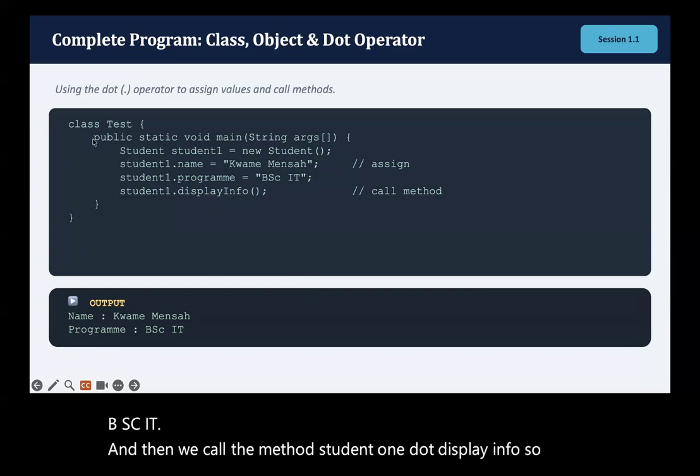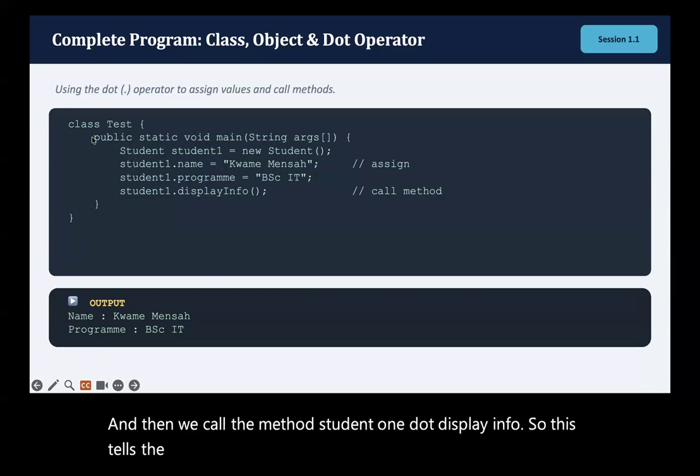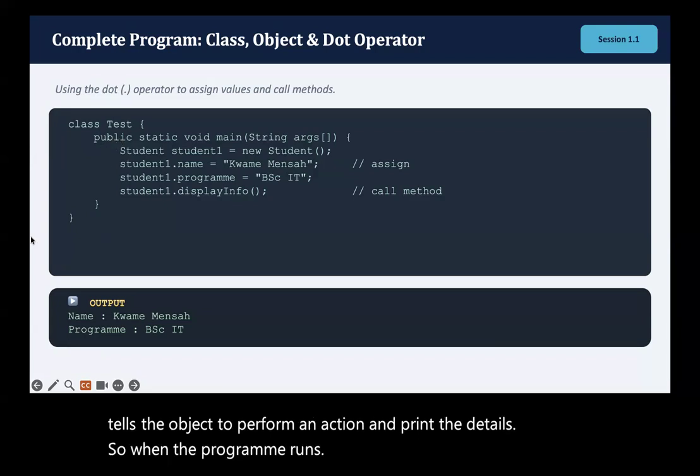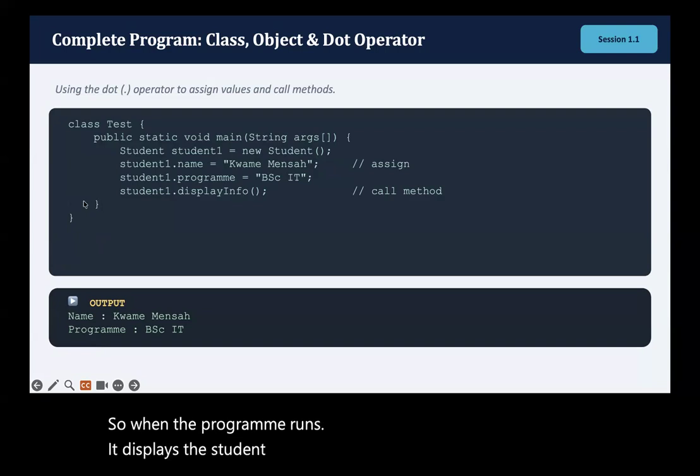This tells the object to perform an action and print the details. So when the program runs, it displays the student information on the screen.